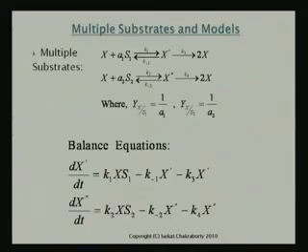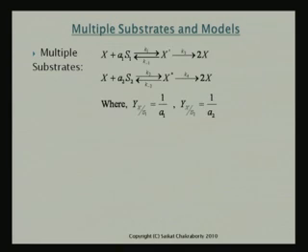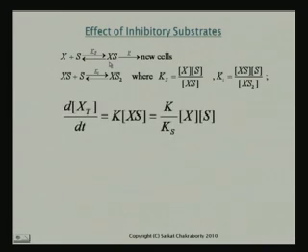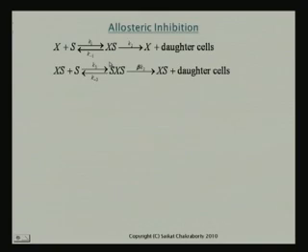We had also looked at multiple substrates, where two different substrates, S1 and S2, are both used for the growth of the bacteria or the microbe X. Then we also talked about the effect of inhibitory substrates, and allosteric inhibition, which is the substrate reacting with the microbe X to form X plus daughter cells, and that reacting again to form XS, that gives the daughter cell plus XS, that can again give X.